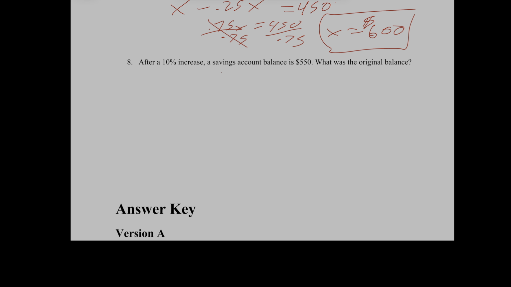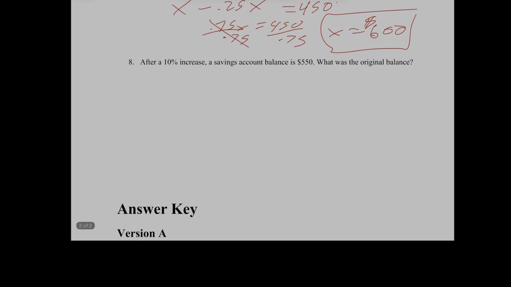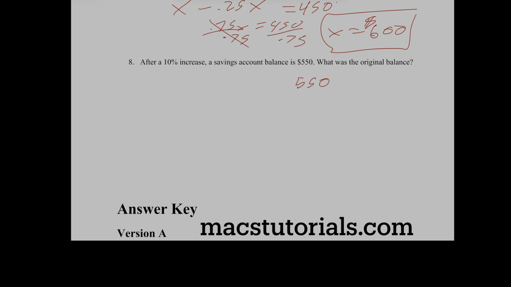After a 10% increase, a savings account balance is 550. What was the original? Well, 550 is the balance. Here's the original, X. I'm going to add 10% of the original, 0.1x, because remember, 10% is just 0.1.